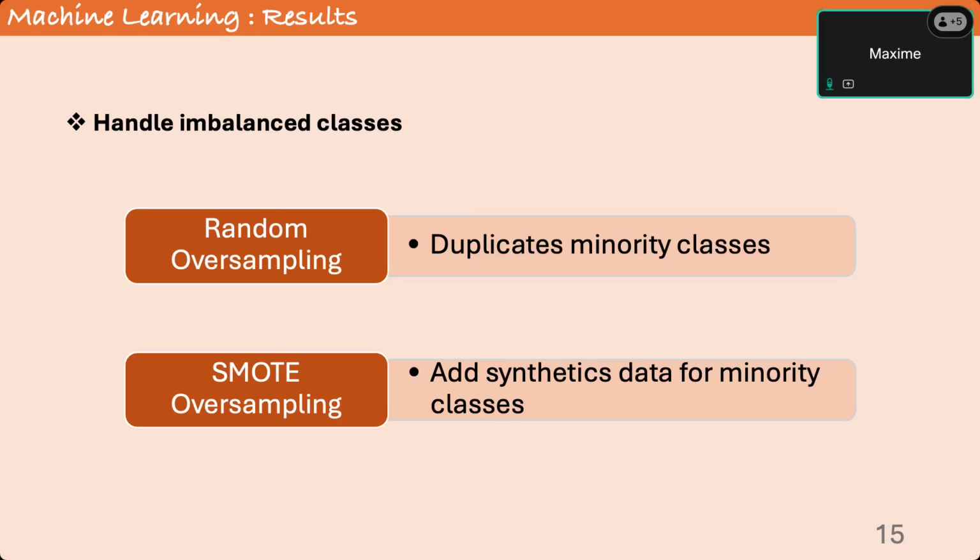Random oversampling duplicates the minority classes in the dataset, and SMOTE also finds the minority classes, but instead of just duplicating them, it creates synthetic data for these minority classes. Those are the two oversampling methods that I tried, to see what the result would be after that.